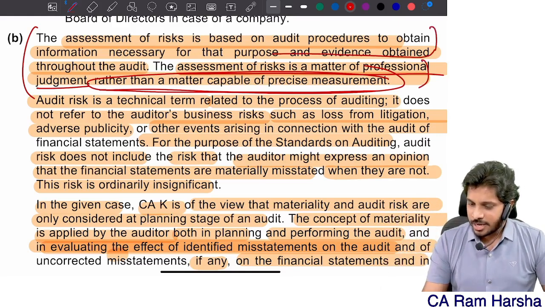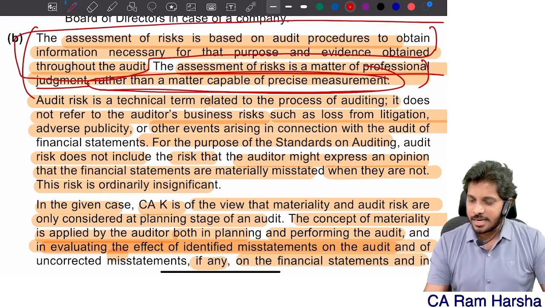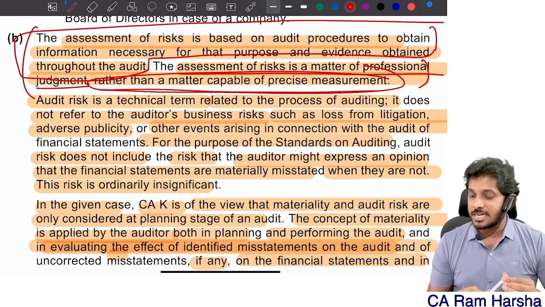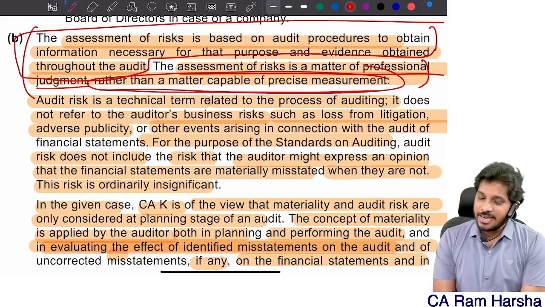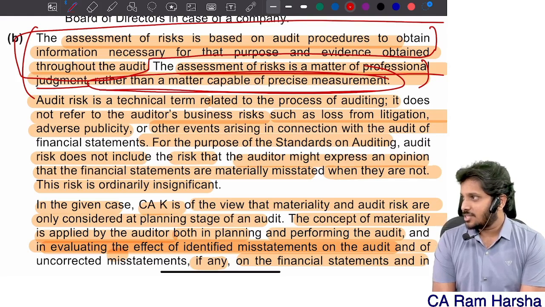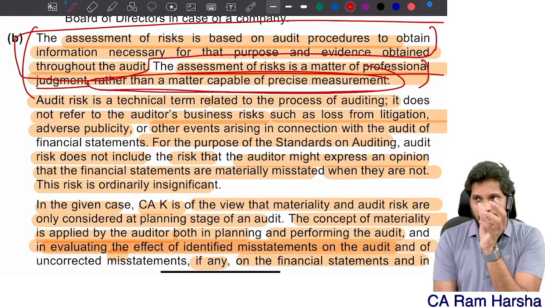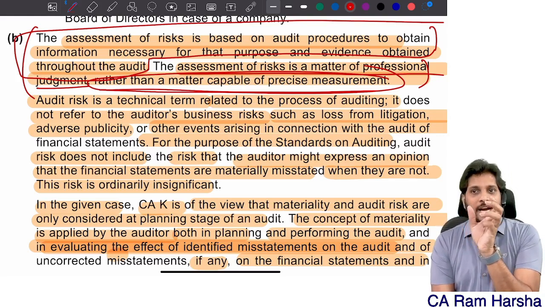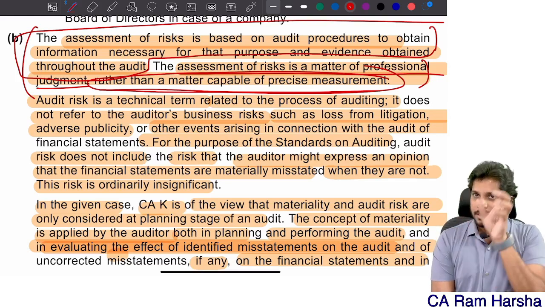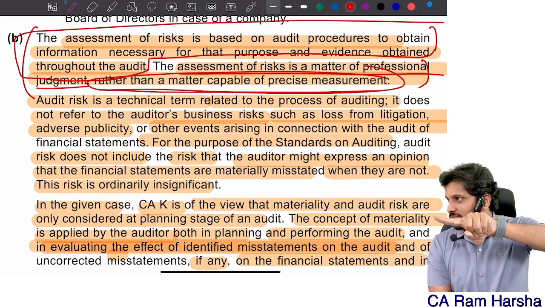Now here, how the risk is assessed, they asked. Assessment of risk is based on audit procedures to obtain information necessary for the purpose and evidence obtained throughout the audit. I think this is not matching. Generally, assessment of risk and identification of risk we don't do separately, we do cumulatively. The moment we identify risk, we assess it immediately.